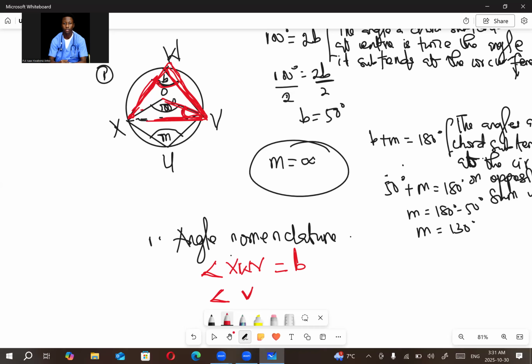What letter did you meet? X. And then at the other side, what letter did you meet on your way? O. So X and O will be at the other side. So XVO. So that's how you name that angle.